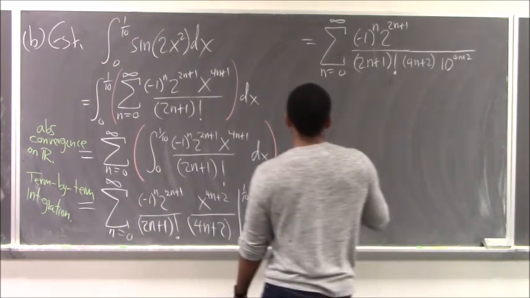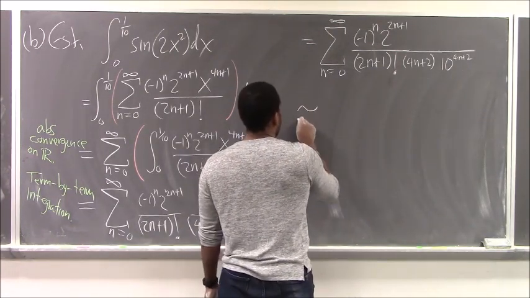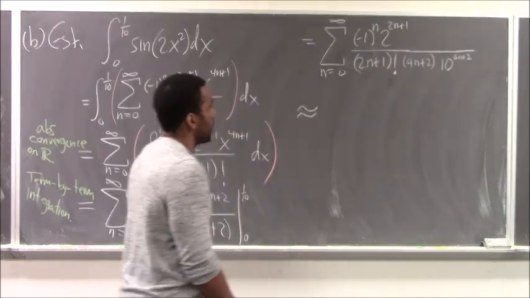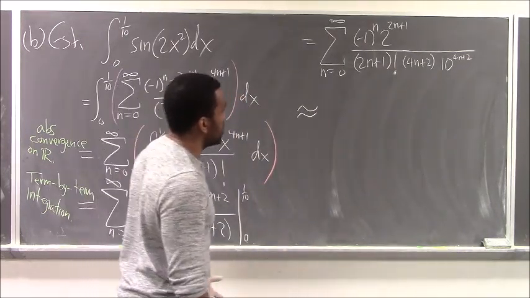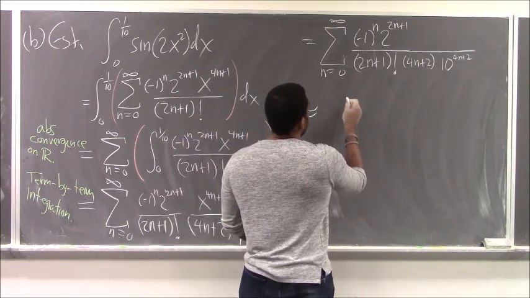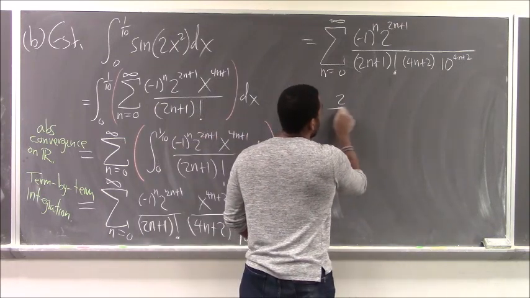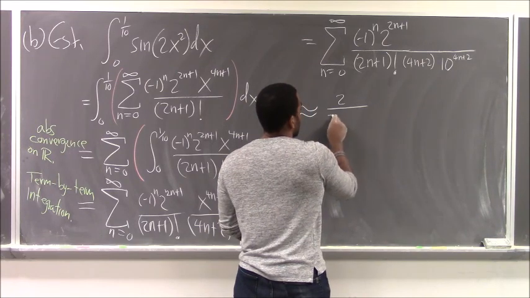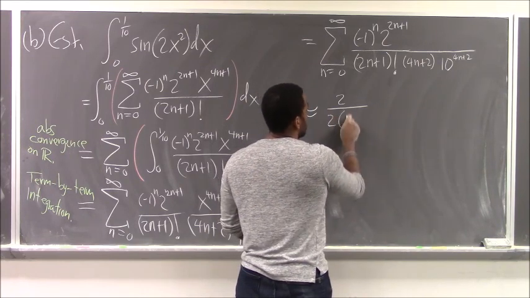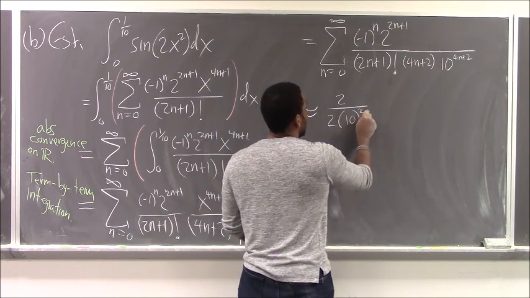So now I can start approximating that. This is approximately equal to, just plug in two terms. Plug in n equals 0, and I would get 2 over 2 times 10 squared.